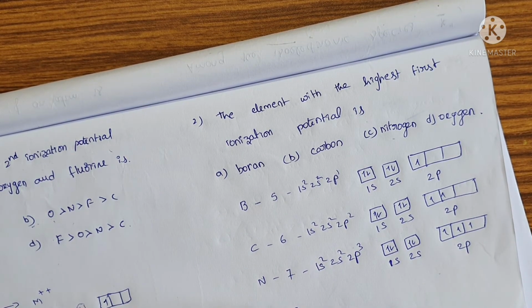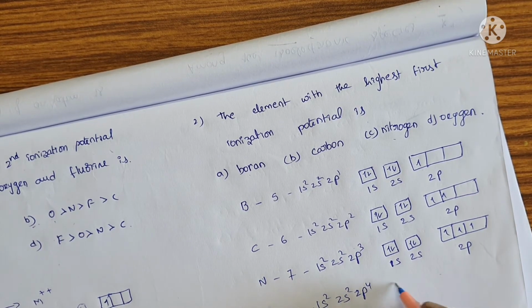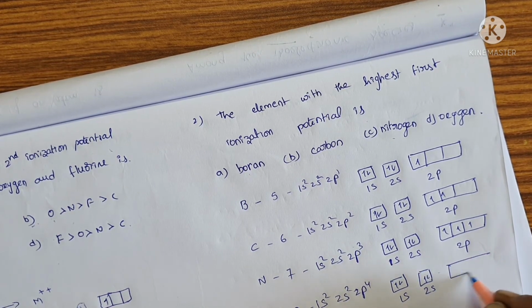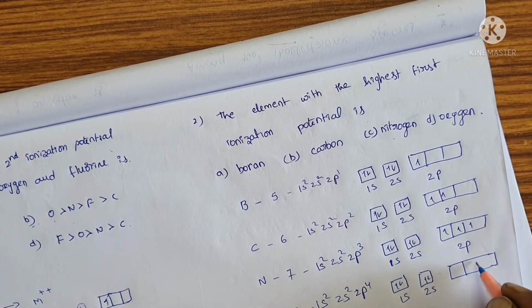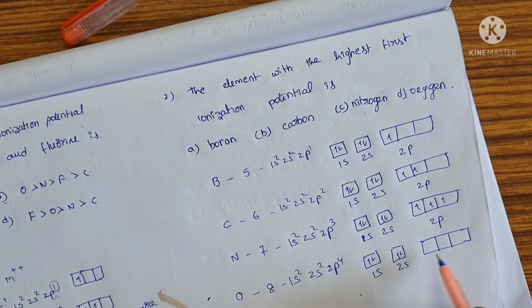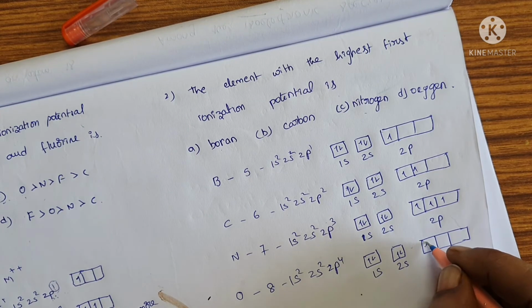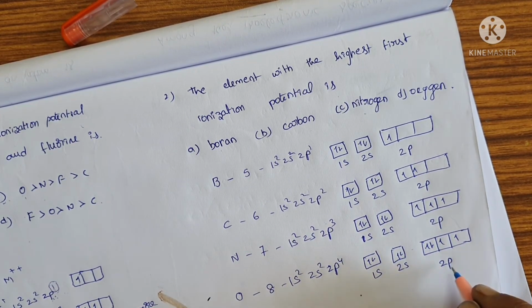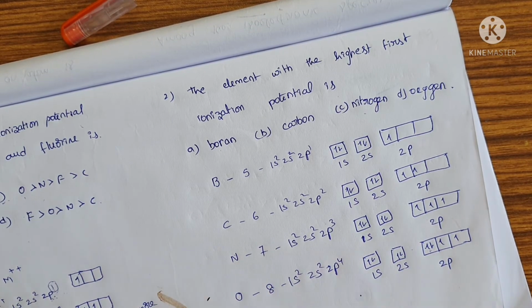For oxygen, 8: 1s2, 2s2, 2p4. In the p, d or f orbitals, the suborbitals must be half filled before electrons pair up. So it is 2p4 for oxygen.